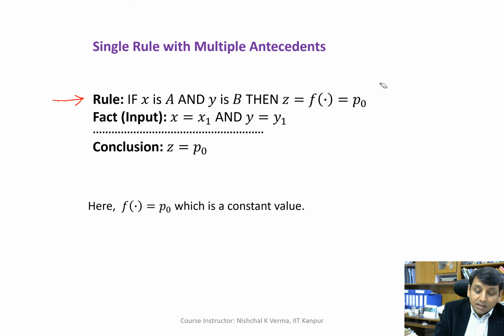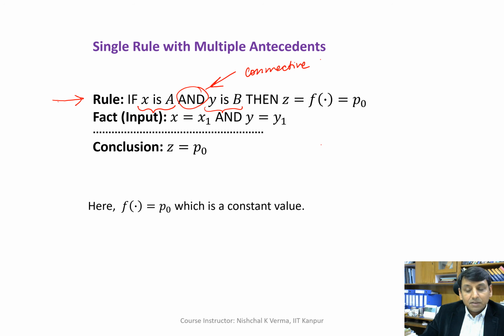But what is the difference here is that we have two antecedents. One is X is A and the other one is Y is B. And these two antecedents can be joined by a connective. Here we have AND. Please note that this connective can be OR as well, or any other connective.